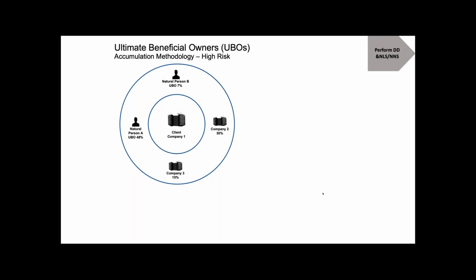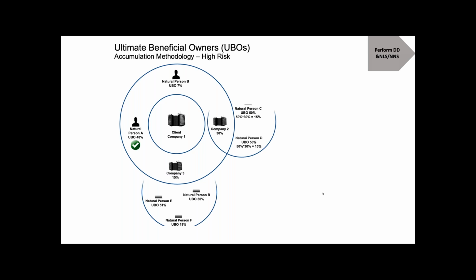Natural person A. Yeah, we have to dig into the companies to get the total picture. Because we already know 48% is sitting with natural person A, there is another 52% floating somewhere: 30 is owned by company 2, 15 is owned by company 3, and 7 is owned by natural person B. So natural person B owns 7%, so no UBO as far as we know.